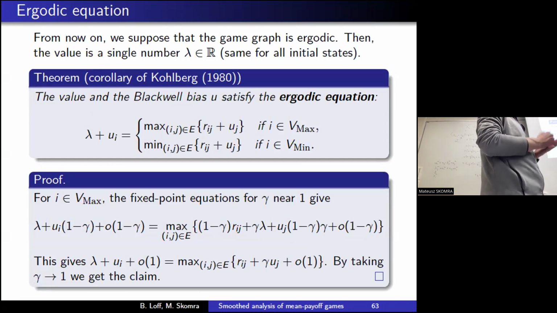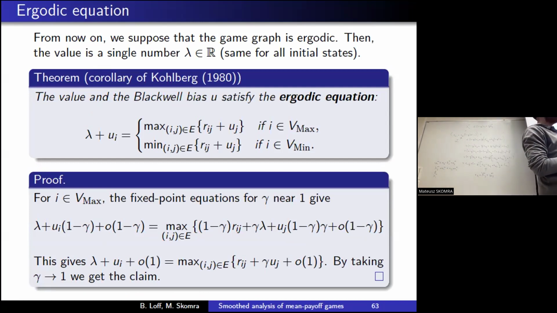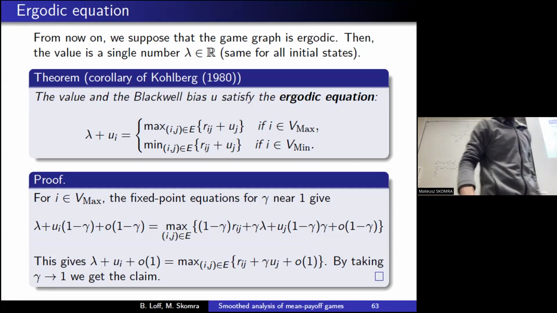The Blackwell bias is like an invariant half line of your operator. When you apply the Shapley operator to the Blackwell bias, you don't get the Blackwell bias as a fixed point, but you get the Blackwell bias plus the value. So it adds the value in every direction. This is the property of the Blackwell bias.